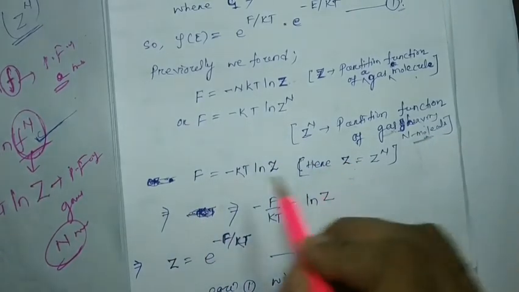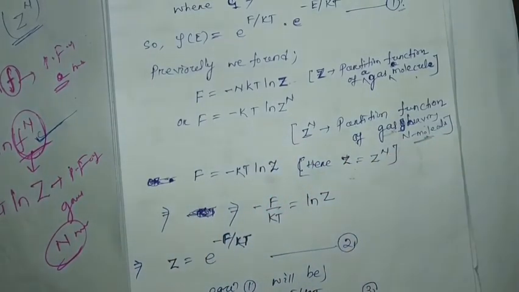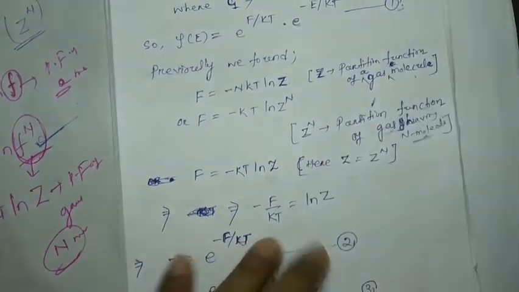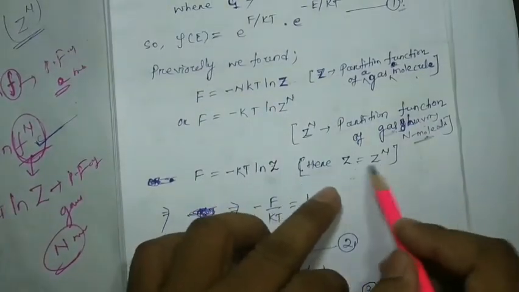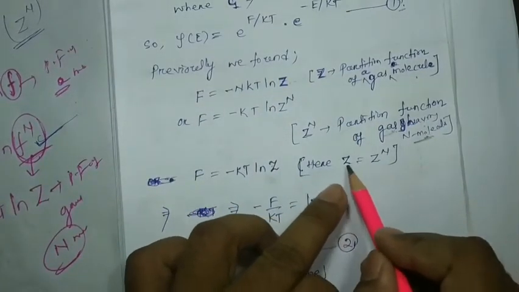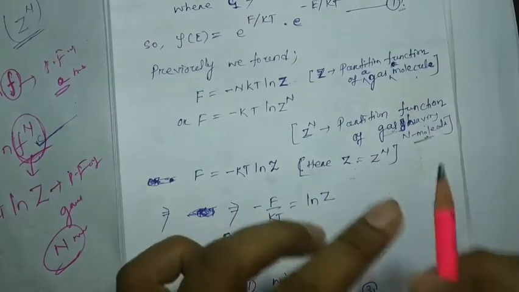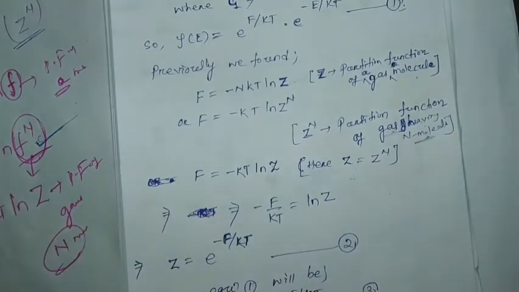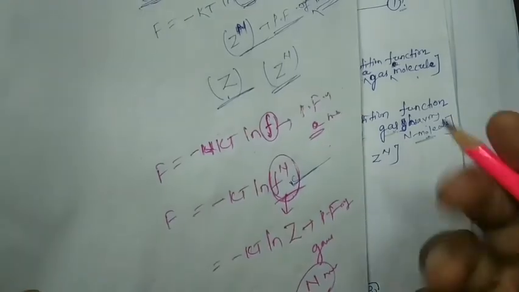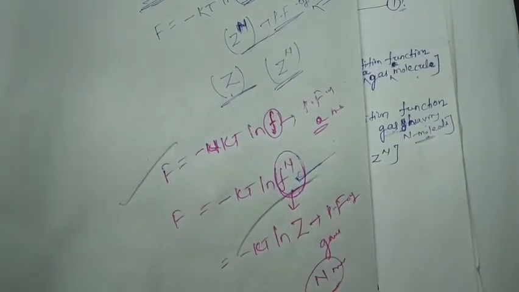And here I wrote z equal to z to the power N. So you should not be confused. I represented it with the same symbol. Somebody may represent it in this way also, no problem.